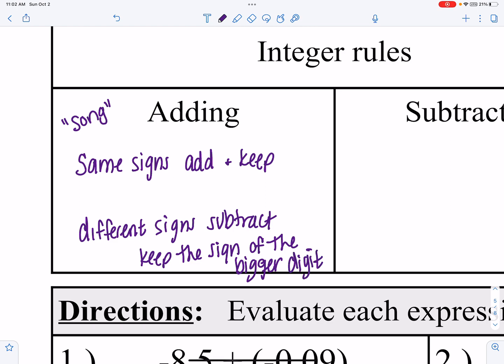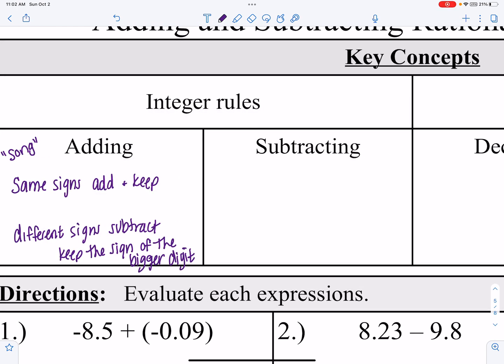Then you'll be exact. All right, now we do not like subtracting integers, and that makes us sad, and we go to KFC to fix that issue and make us happy again, and that is doing our keep, flip, and change. Or you might just start thinking about it as adding the opposite.